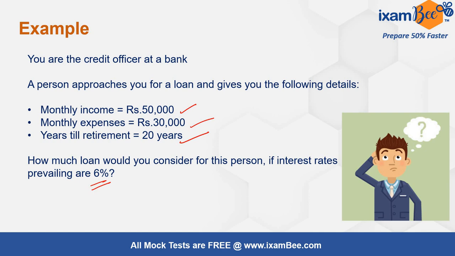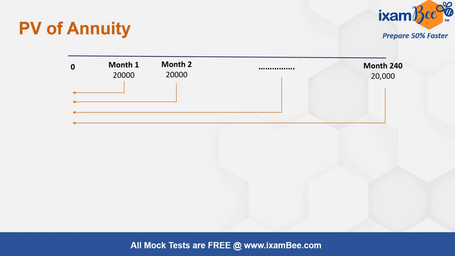So what I will do here is, I know this person is earning 50,000 and he has expenses of 30,000. So he basically has 20,000 available every month that he can use to repay my loan. So his maximum capacity is 20,000 per month. And for how long will he be earning this money?